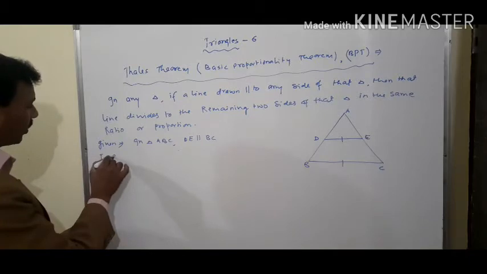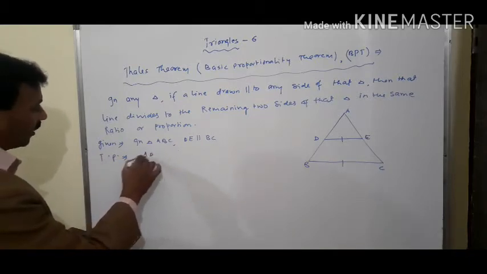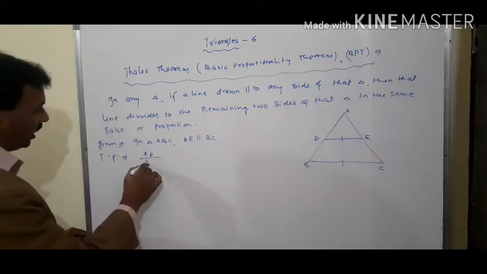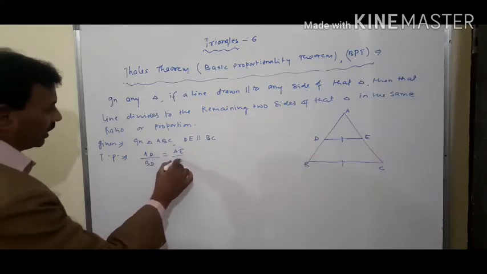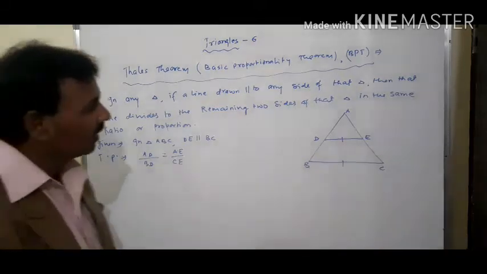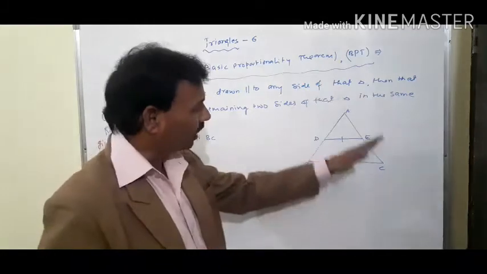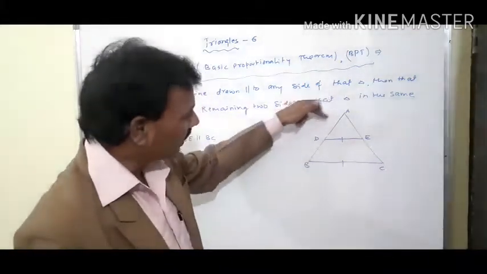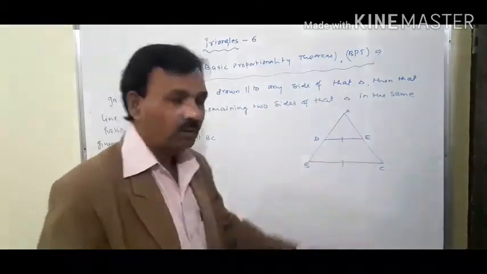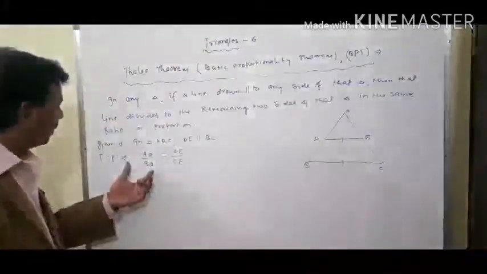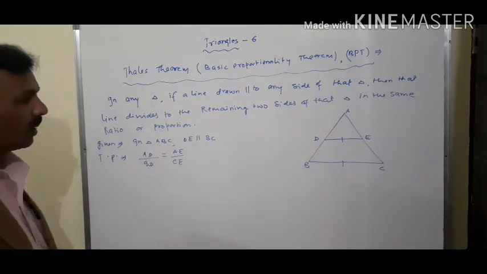Then to prove AD upon BD equal to AE upon CE. That means this line divides the remaining two sides, AB and AC, in the same ratio or proportion. So you should prove AD upon BD equal to AE upon CE.